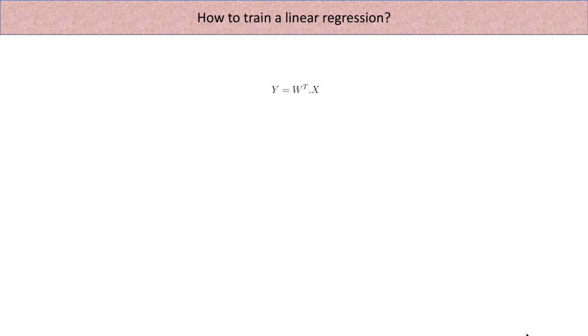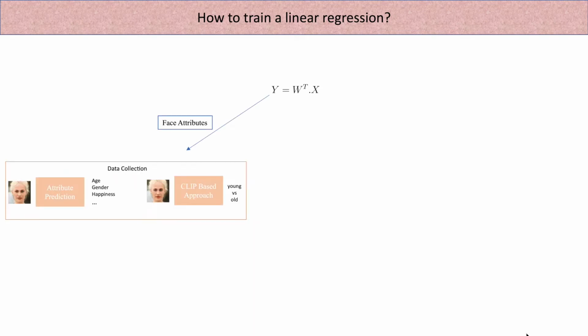Okay, so this is the linear regression, and here is how we train it. We need some data, so we collect a lot of faces, and then we collect labels using an attribute prediction network or some CLIP-based approach. In the paper we talk about that, and I'm not going to talk about it in this presentation, but please refer to the paper for how we use CLIP to collect data.